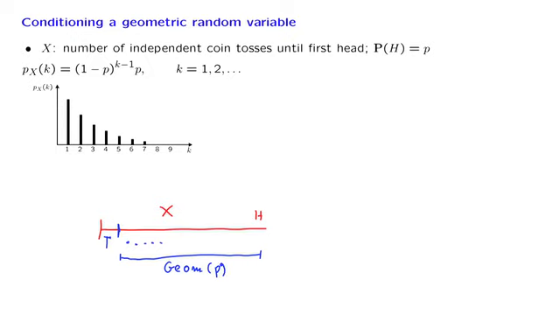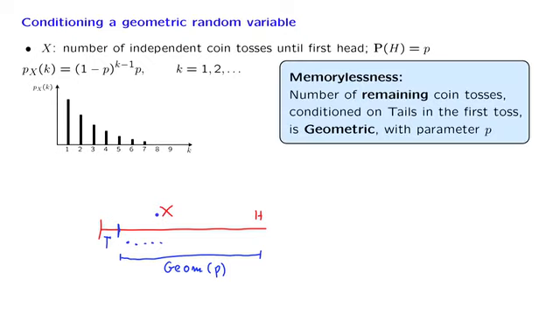Therefore, the number of remaining coin tosses, starting from here, given that the first toss was tails, has the same geometric distribution as the original random variable X. This is the memorylessness property. Now, since X is the total number of coin tosses, and since your coin tosses were all of them except for the first one, the random variable that you are concerned with is X minus 1.